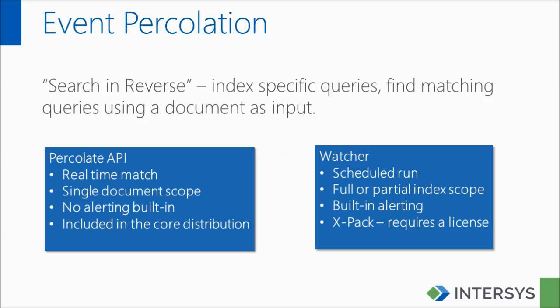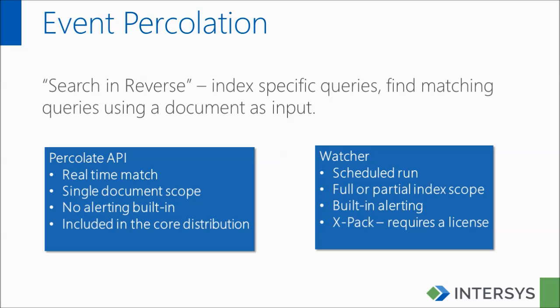And there's two different mechanisms for doing this in Elasticsearch. One is the older Percolate API, and you get that for free with the open source product. It's more suitable towards real-time matching. So if you have a match that needs to get identified at the same time or close to the same time that you're indexing data or you acquire an event, this is the way you want to go.